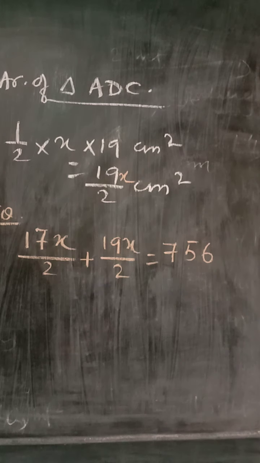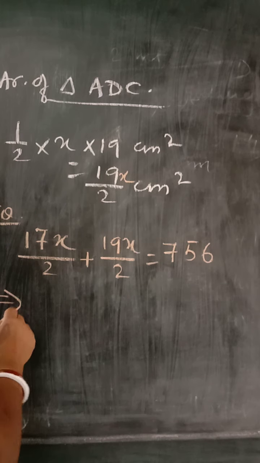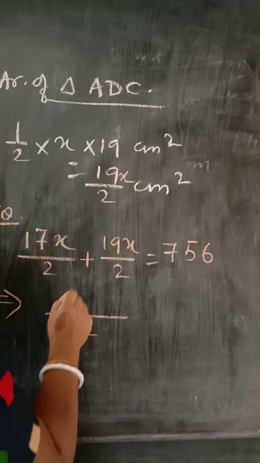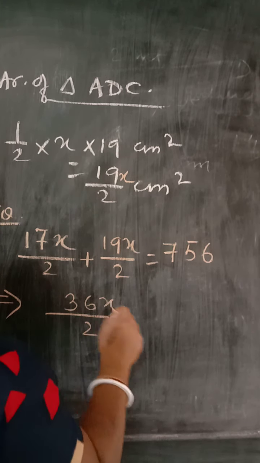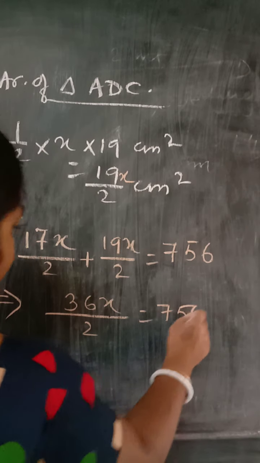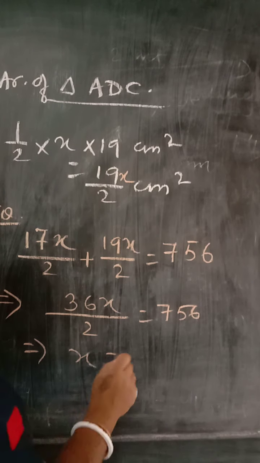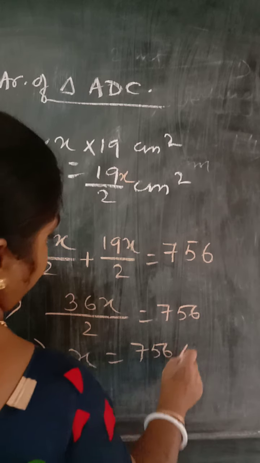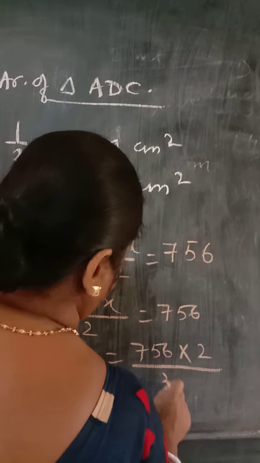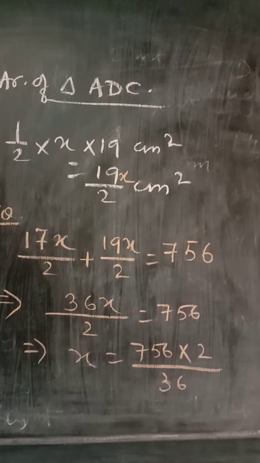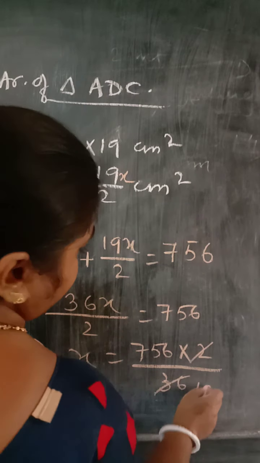Now once we solve this, 36x by 2 is equal to 756, or x is equal to 756 into 2 by 36. We can cancel it.